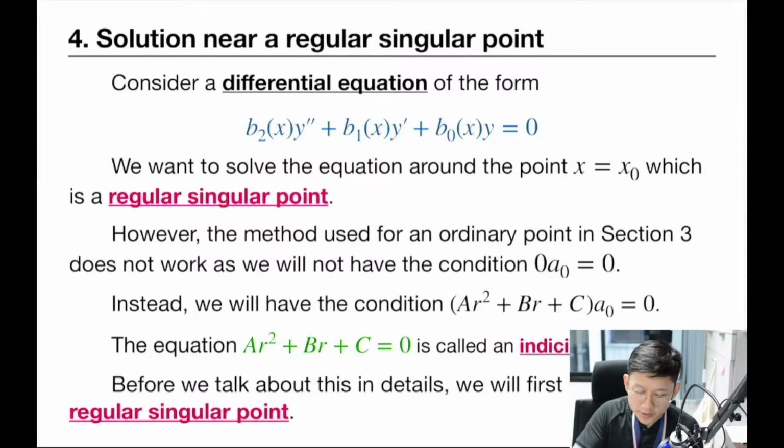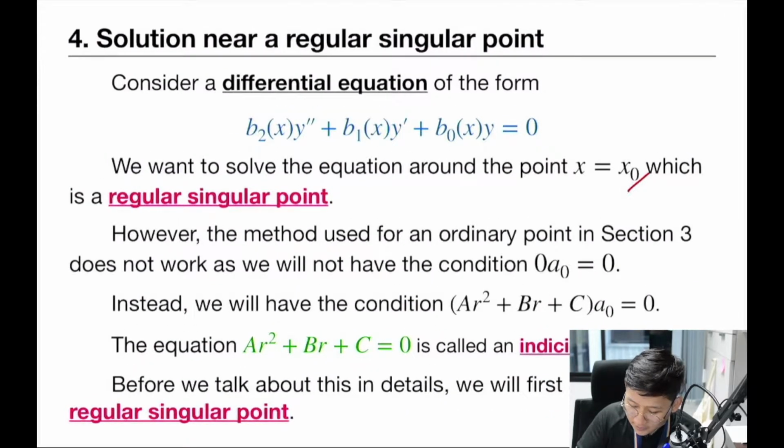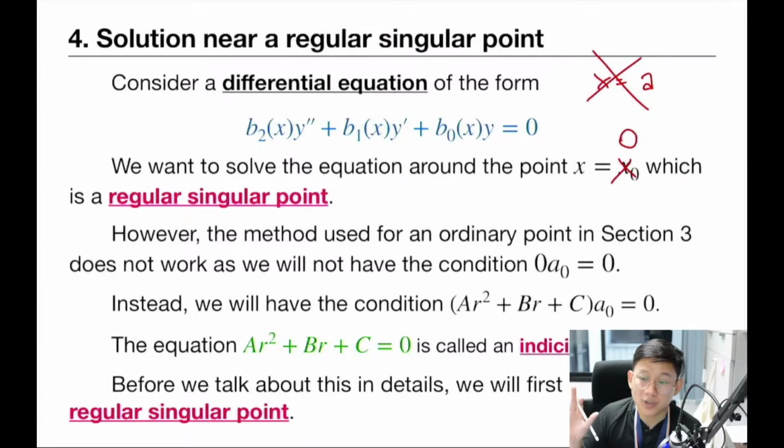In this section we're only going to look at the case when x0 is 0, so only around x equals 0. We're not going to be looking at the case when x equals a.